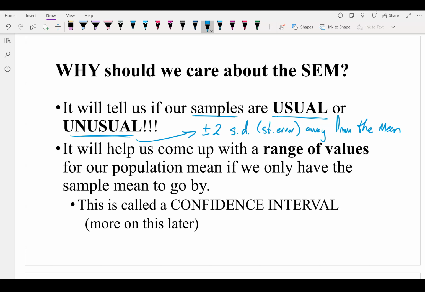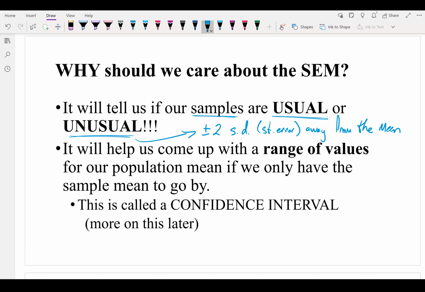Your standard error is a standard deviation, but it's the standard deviation of means instead of the standard deviation of the original data set. So you know a sample is unusual if the mean of that sample is too far away from the center line. Again, very tricky thing to understand. Hopefully the practice will help you out.